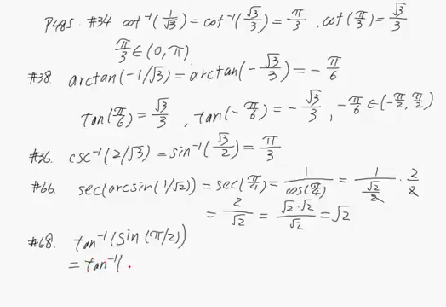So if you cannot remember the sine of half pi, then you are finished. Okay, so inverse tangent of 1, then equal to what? Pi over 4, right? This is equal to pi over 4.